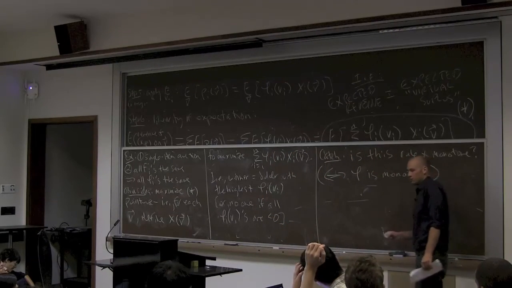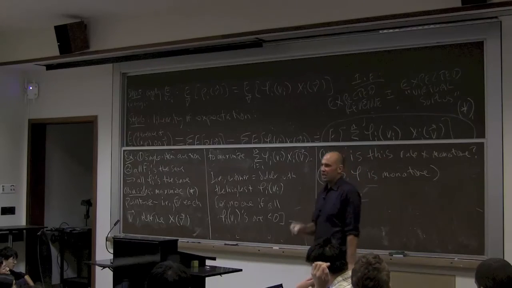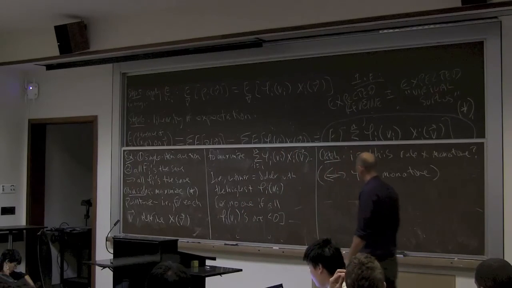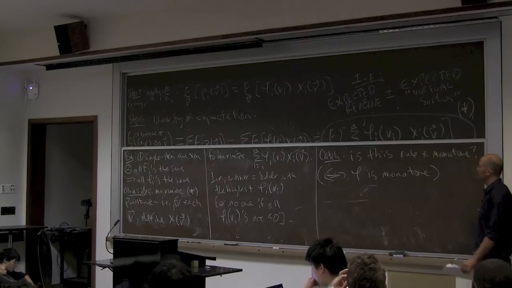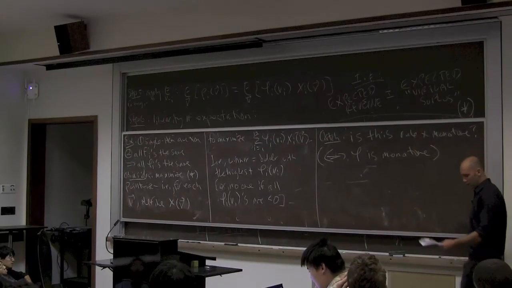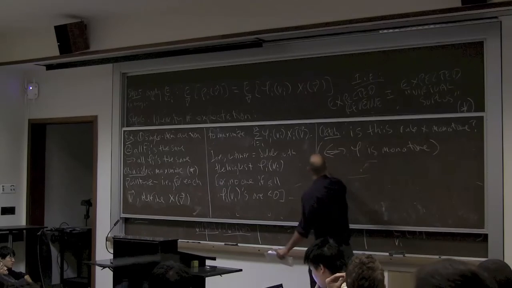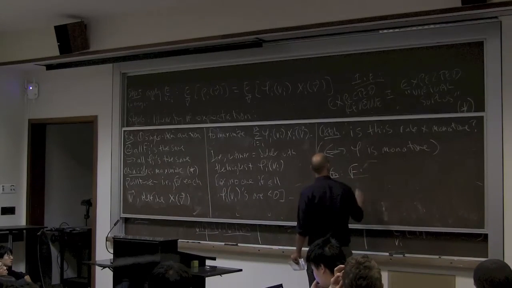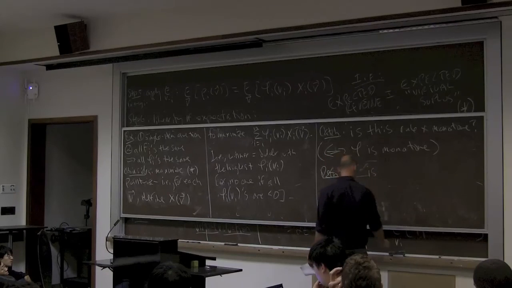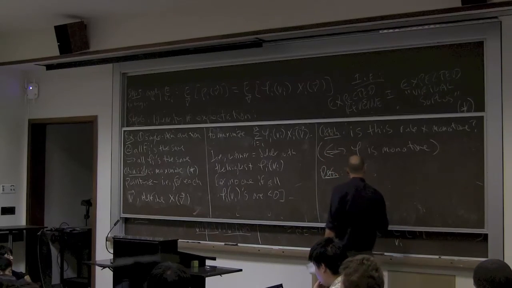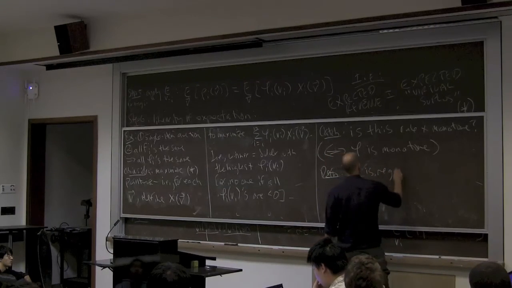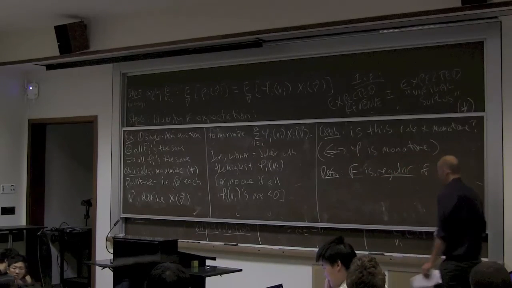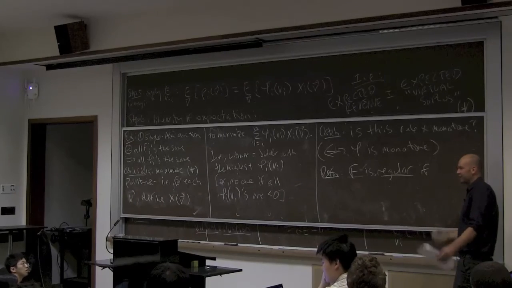There are distributions where phi is not monotone, and then this argument doesn't work. So some distributions lead to non-decreasing phis, and some don't. There's a standard terminology for that dichotomy. We call a distribution F regular if it obeys the condition we want, essentially.